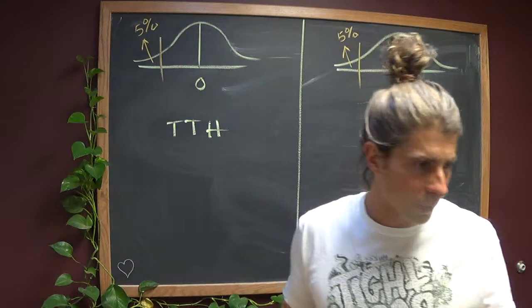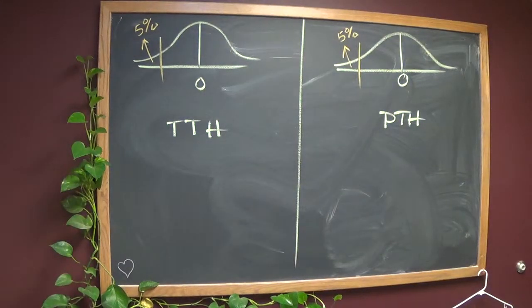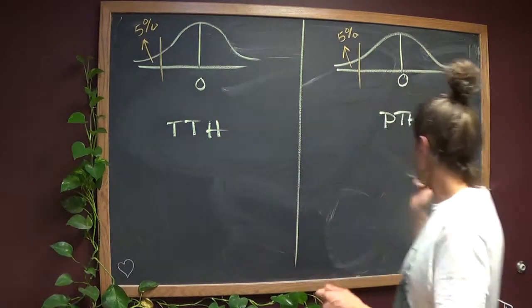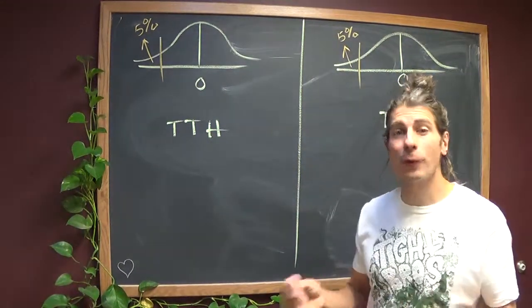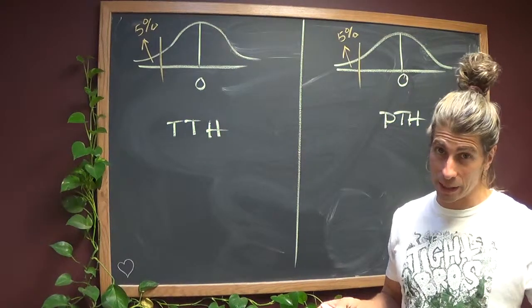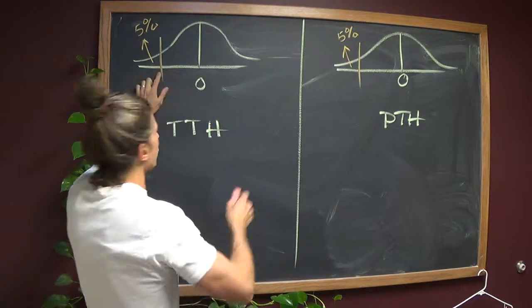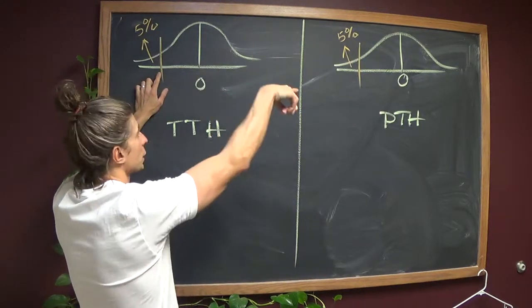So in the first one, I happen to notice that in the tension type headaches, we got a p-value less than 5%, but in the post-traumatic headaches, we got a p-value of greater than 5%. Now they didn't tell me where it was, okay, but they did tell me it was less than 5%. I've put an arbitrary 5% cutoff here on the curves.